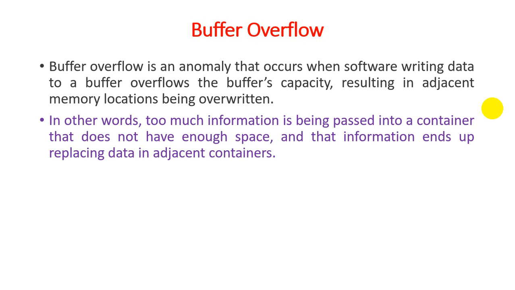In other words, too much information is being passed into a container that does not have enough space. For example, if you have a buffer size of 10 MB and you are passing 1000 MB into this 10 MB space, then it is overloaded. At that point the information ends up replacing data in adjacent containers.